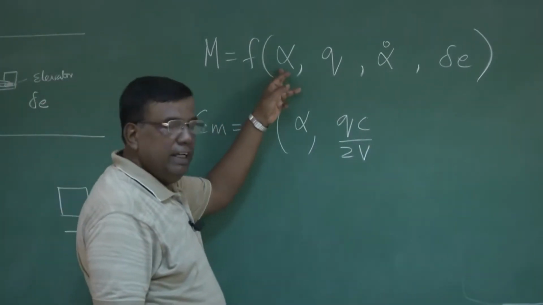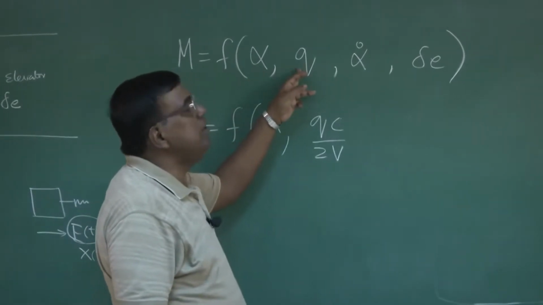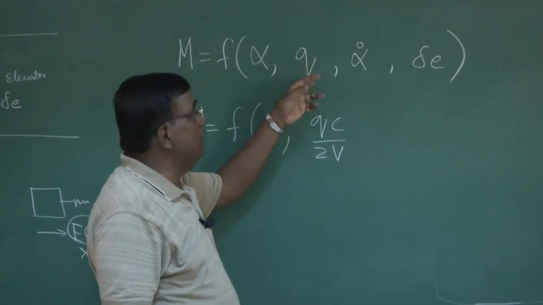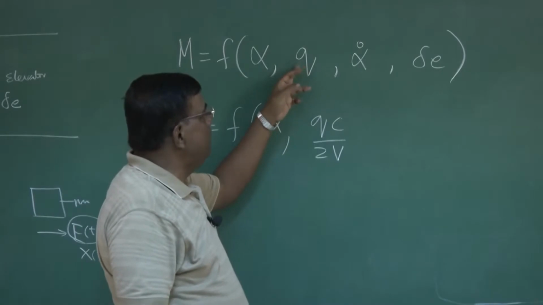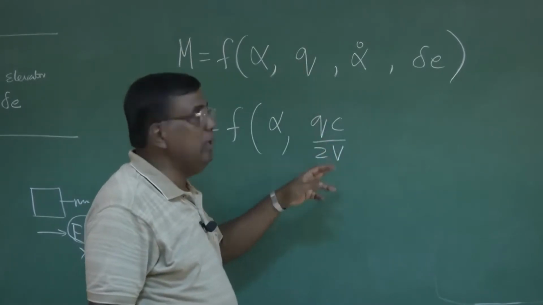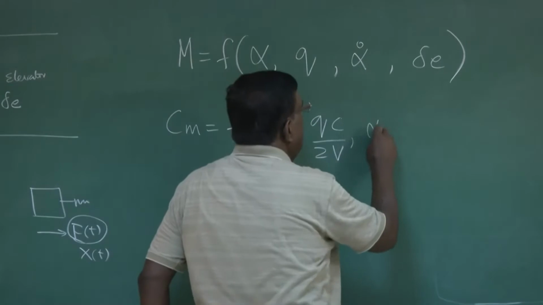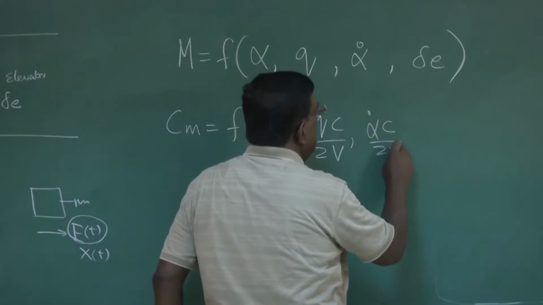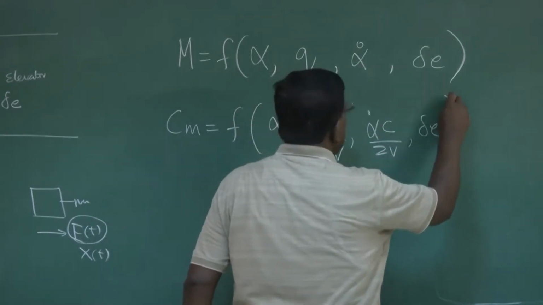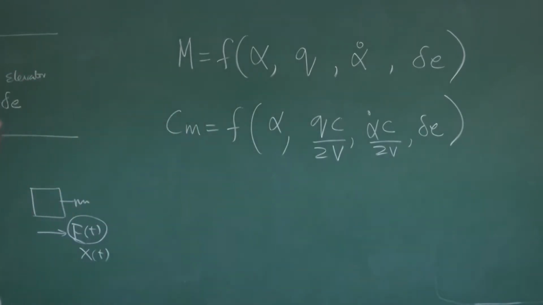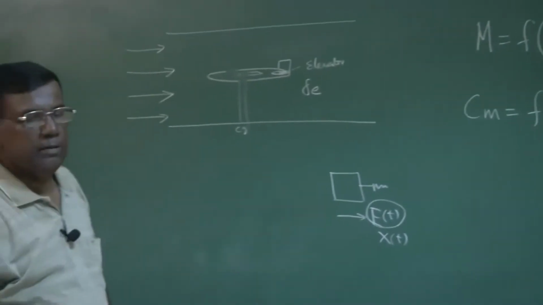You see, alpha is in radian, non-dimensional. q is in radian per second, so it has a dimension. So we have changed this q to qc by 2V to make it non-dimensional. Similarly, alpha dot also, we will do like that, which all these things you are familiar with, and those who need more clarification may follow my last lecture on aircraft stability.